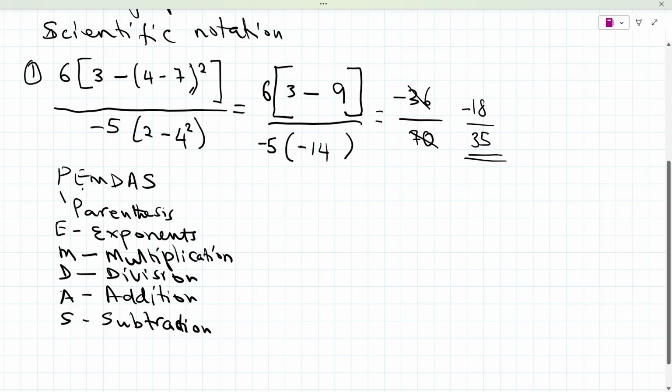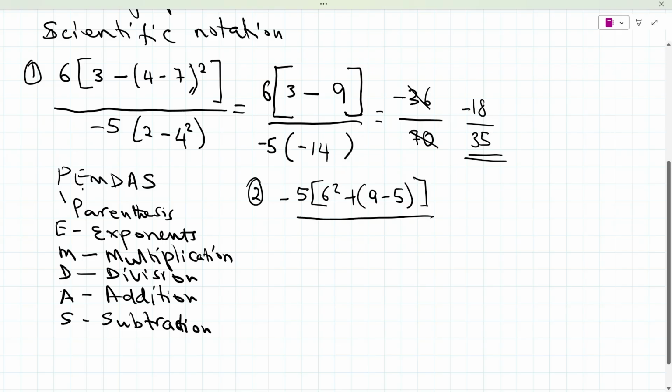Now let's look at another example for solving an algebraic expression using the order of operations. Let's suppose our second number, number 2, was minus 5 times, open square bracket, 6 squared plus, open brackets, 9 minus 5, close brackets, and then close again with the square brackets.